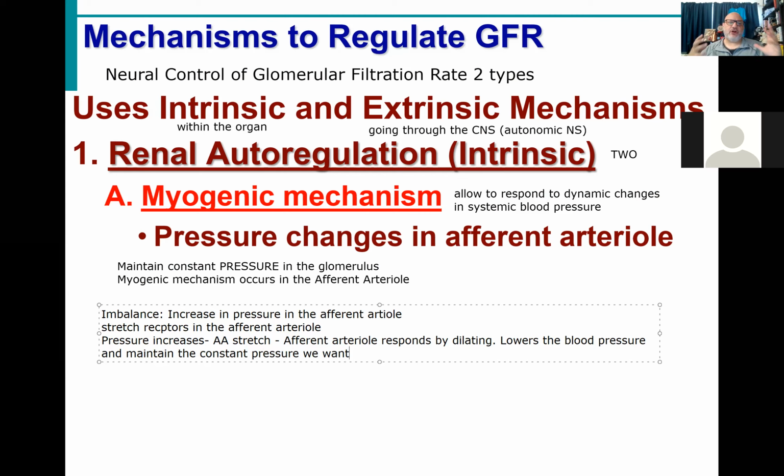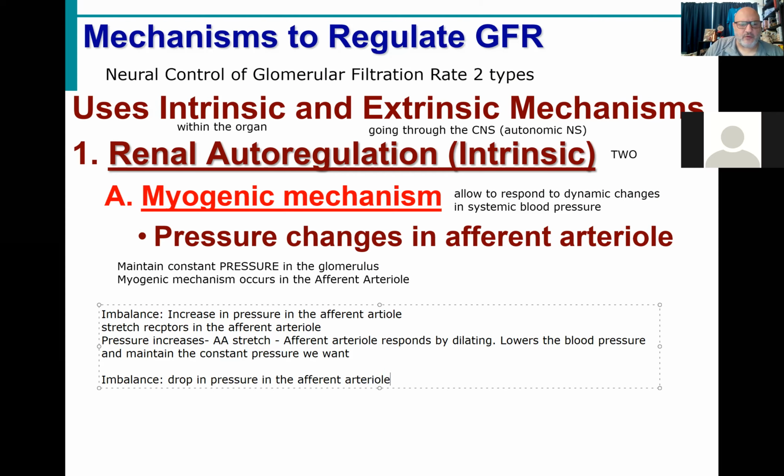Notice here our changes are involving pressure. And so we need to respond appropriately. So then hopefully this becomes even easier this time. Our imbalance now is a drop in pressure in the afferent arteriole. Right? We have stretch receptors that now fire less. So when the pressure decreases, our afferent arteriole rebounds.